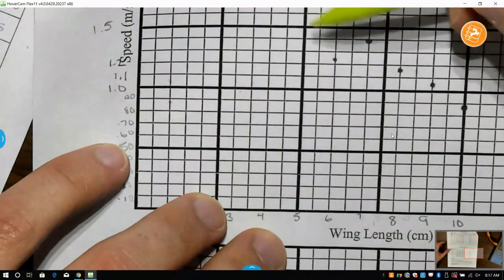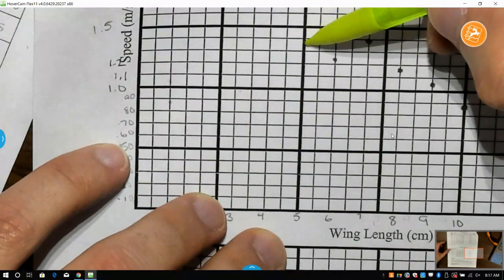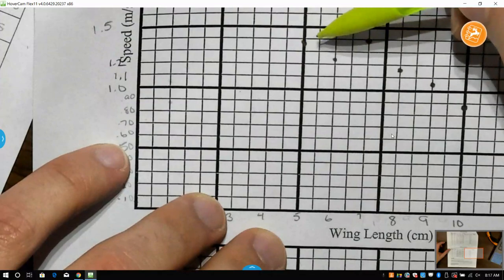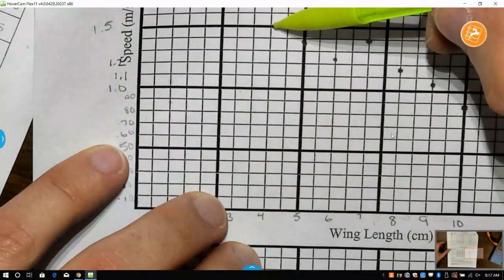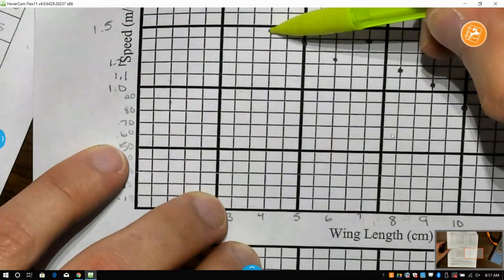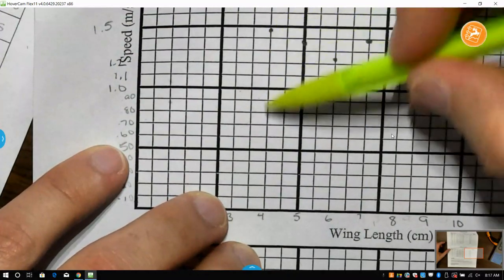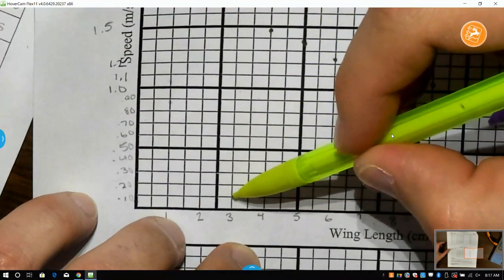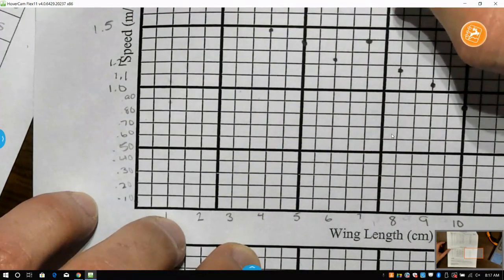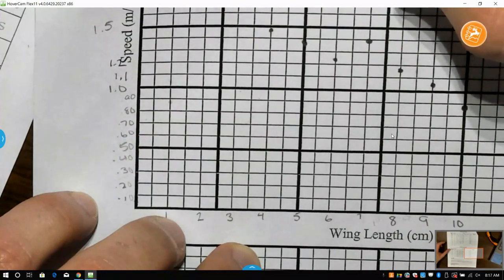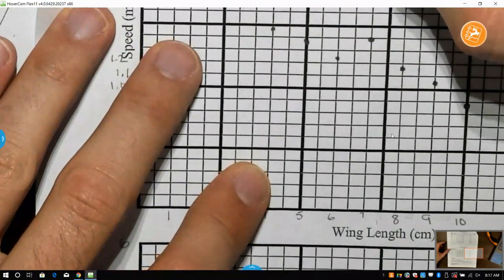Then we're at a 1.38, so we are just below the 1.4 line. Then 1.47, so almost at 1.5. Then we have a 2.17, so that should be up almost at the 2.2 mark.